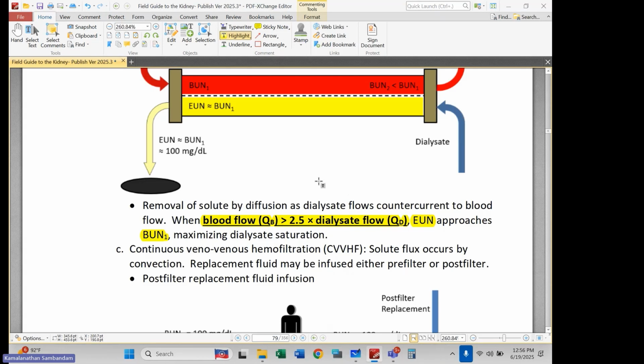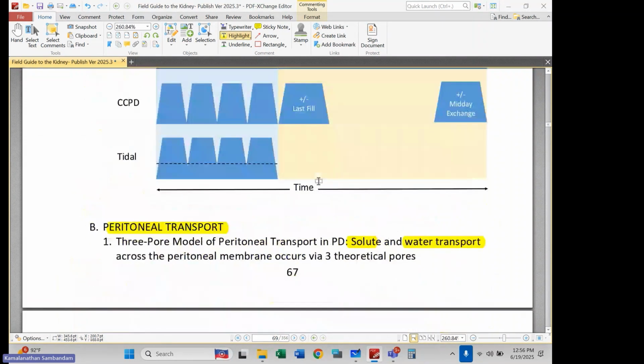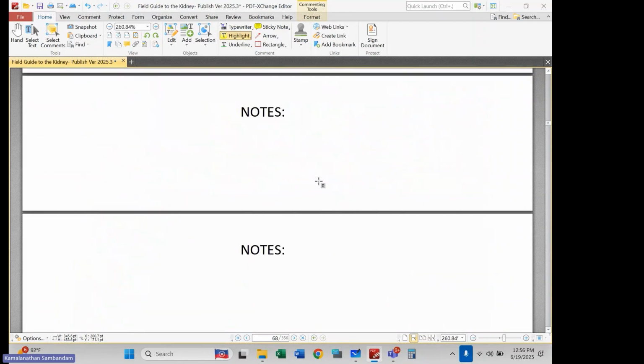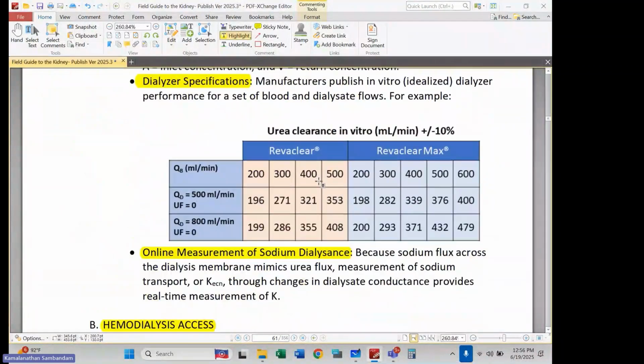When you run a dialysate flow rate of 500 with a blood flow rate of 200, you will get a urea clearance, in vitro urea clearance, right? That is about 200, right? We went over this.